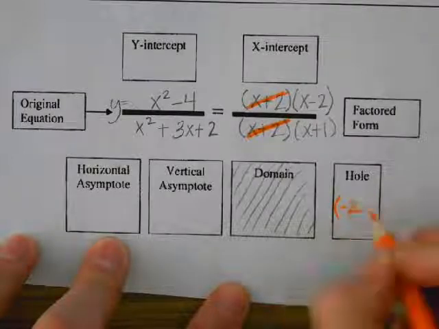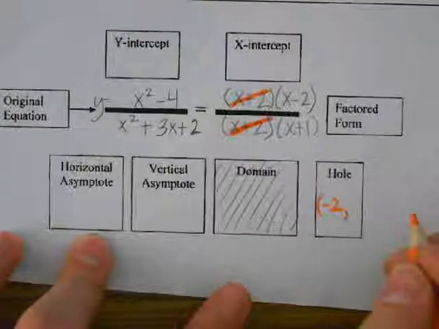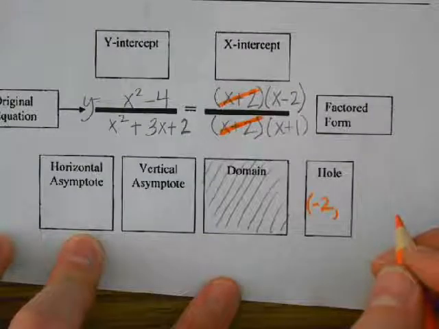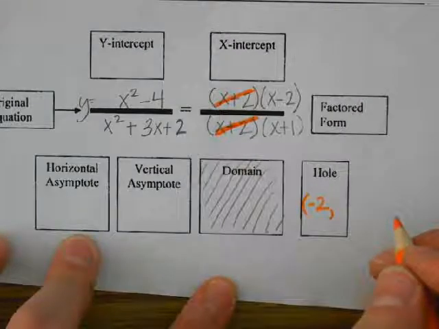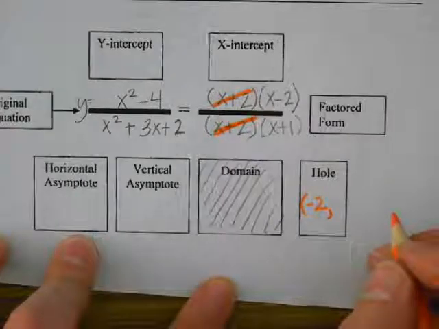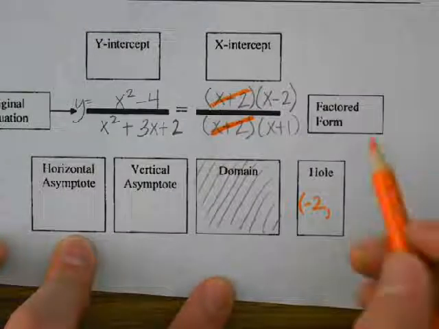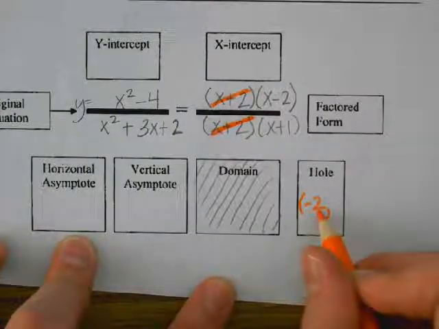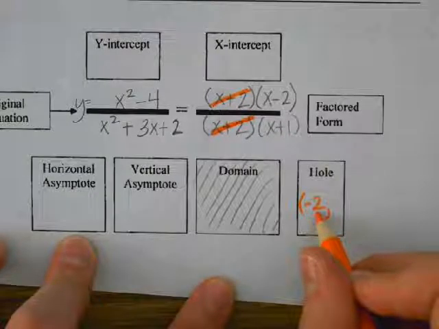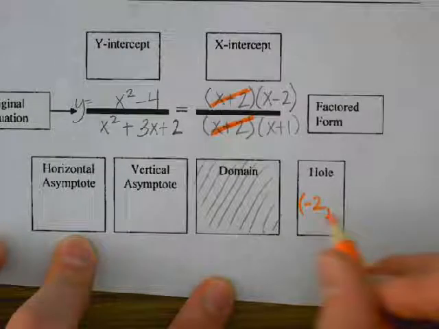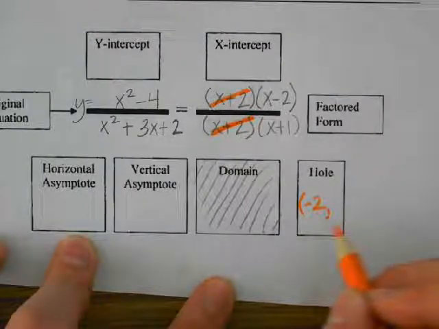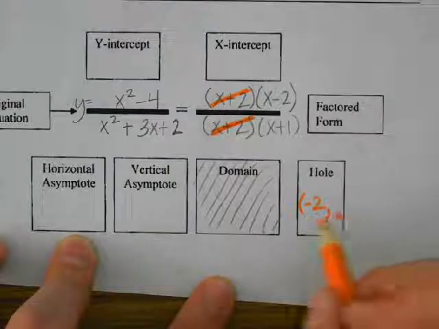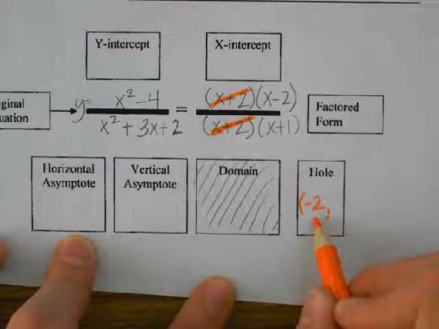Someone at Colin's table, can you help me find the y-coordinate? What would the x be? So you're finding the y-coordinate, and to find a y-coordinate, you plug in the x-coordinate. So what x do we want to plug in? Negative 2. Yeah.